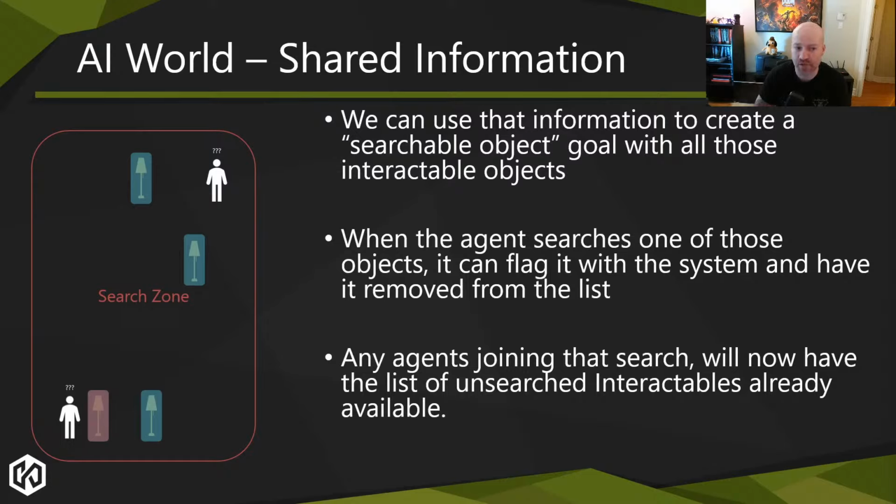And now you have the shared state for that given search. And while agents are searching within there, they are basically sharing, I have searched this object, I have searched that object. We're not going to have 5 people check the same dumpster one after the other. It's a bit of an artificial example. You'll need a little bit more complex stuff to handle this sort of thing. But that's kind of the idea of having the shared info.